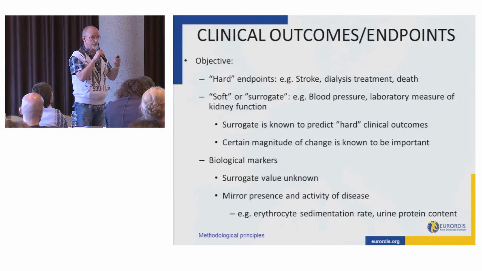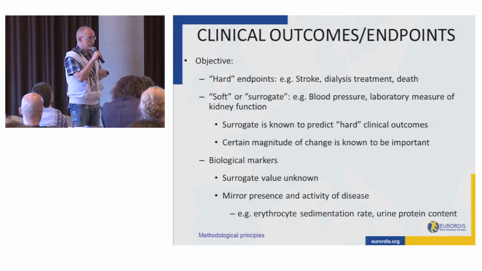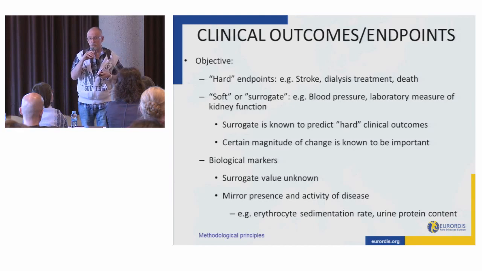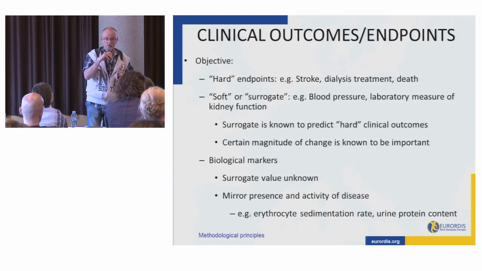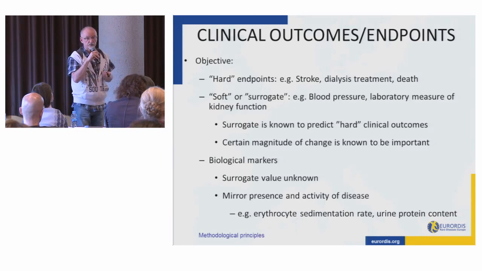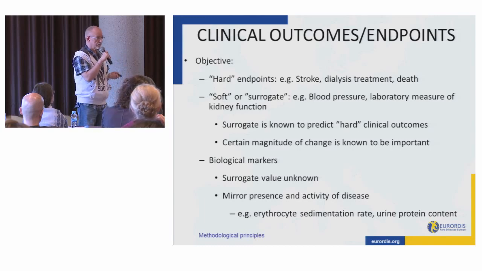We don't know if the presence of this biomarker or the level of this biomarker actually does correlate with the risk of reaching a hard outcome. You are expected to collect data in clinical studies, in epidemiological studies, to find out if we can say that it's possible to qualify a biomarker as a surrogate marker.